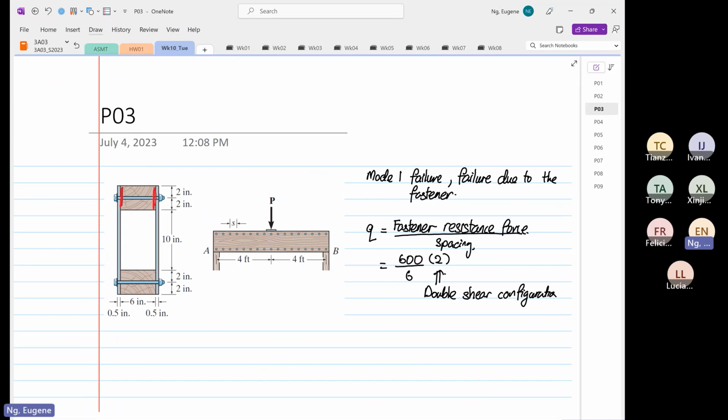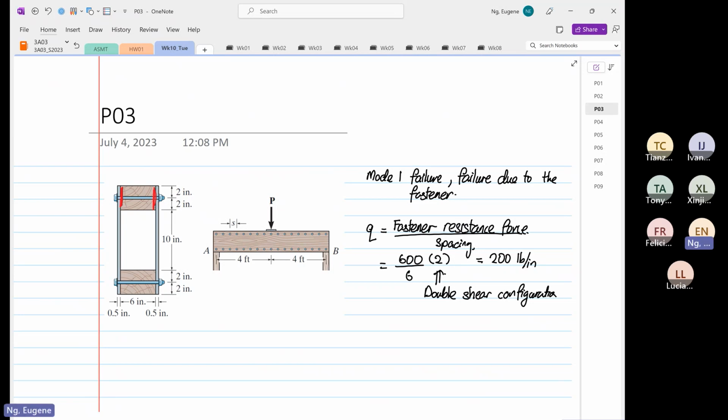So it's under a double shear configuration. So this will be equal to 600 times 2 divided by 6, which is equal to 200 pounds per inch of force.